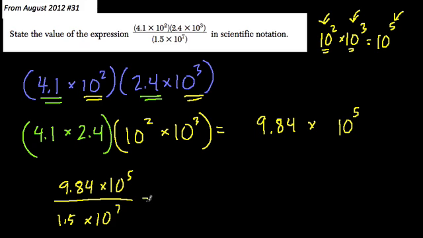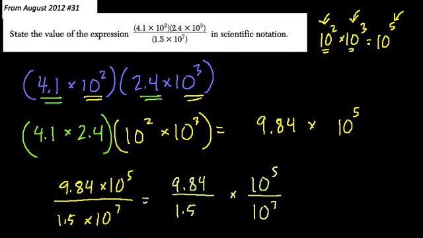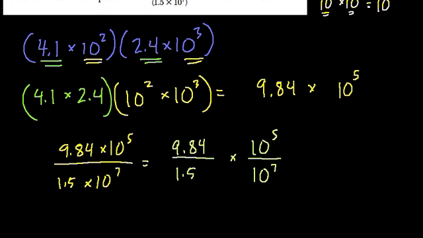So here the nice thing is that we can just break this up into two quotients. We can think of 9.84 over 1.5, figure that out, and then multiply that by 10 to the 5th over 10 to the 7th. Now, the basic logic here is that if you're dividing by 1.5, you can think of that as multiplying by 1 over 1.5, right?